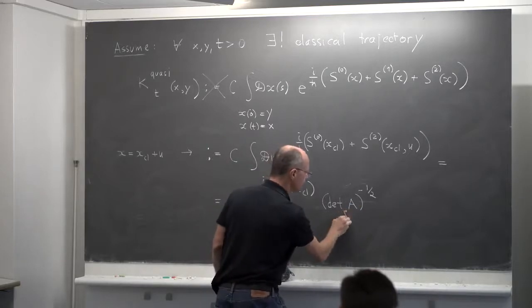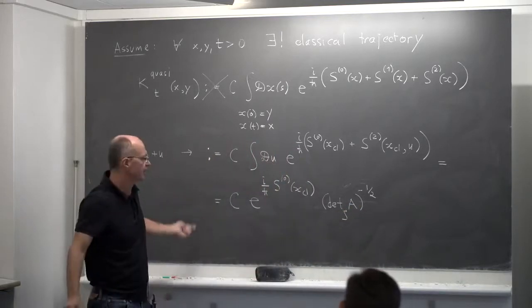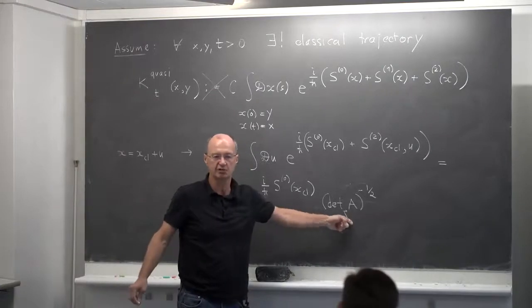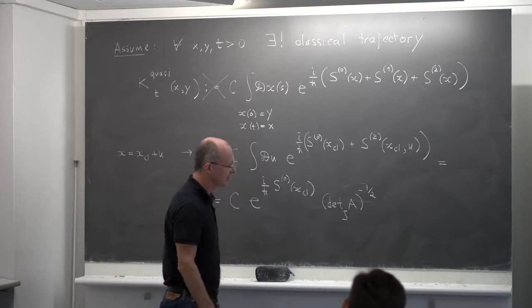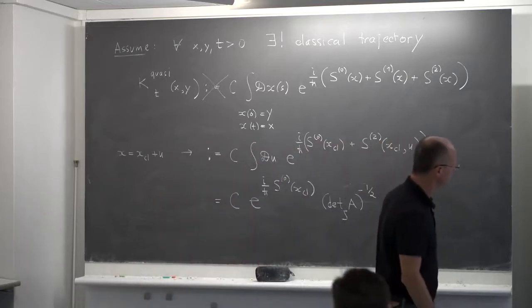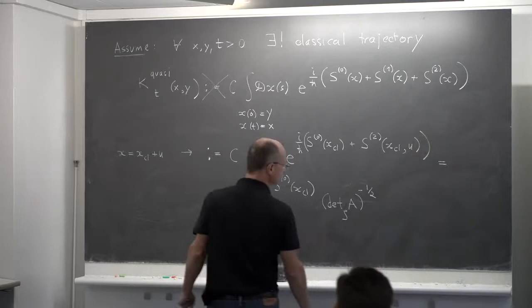Now we can say that we want the determinants that we know. These are zeta regularized determinants. So it is the zeta regularized determinant of the operator A, and what is the operator A?